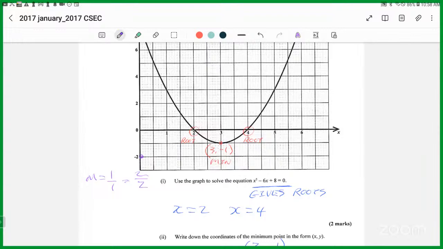So I rise 2, run 2. And it's units, right? From here to here is 2 units, not 2 grids. So if you rise 2 and run 2, you come to here.